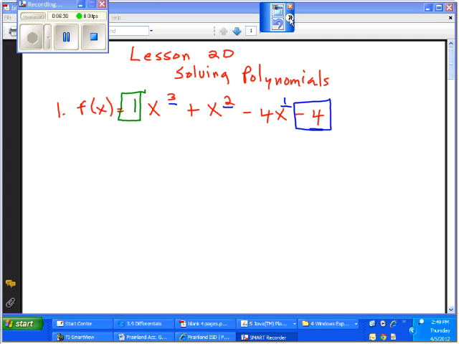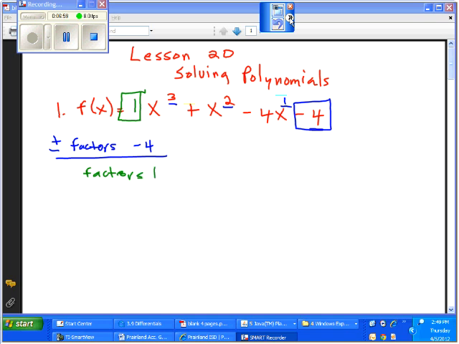Now, what we're going to do is take all of the factors plus or minus all of the factors of that -4 over all of the factors of that 1. And I'm going to put that in green just so you can see. Over all of the factors of that leading coefficient 1.